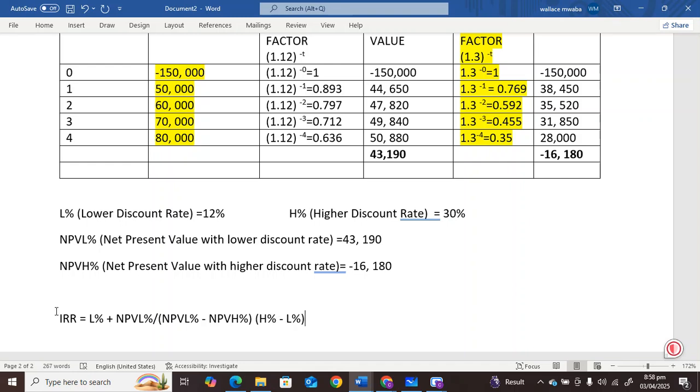This formula will be given to you in the exam too. Now, in different textbooks, sometimes they use A%, B%. I like to use H and L.